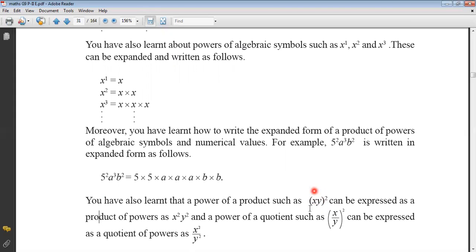So we put brackets and write the 2 outside, which means 2 of x and 2 of y. And the power of a quotient, such as x squared over y squared, can be expressed as a quotient of powers. This is a different question, and this is a different question.